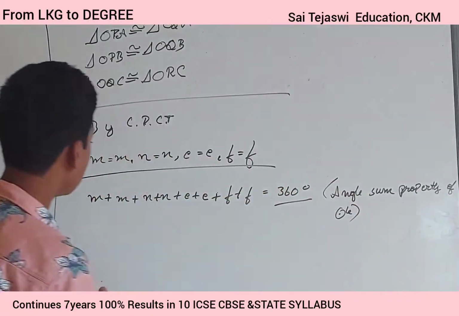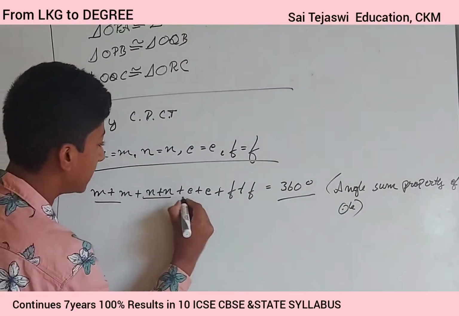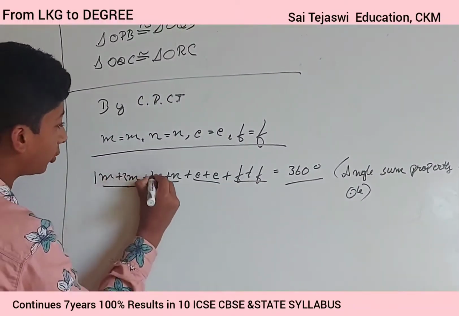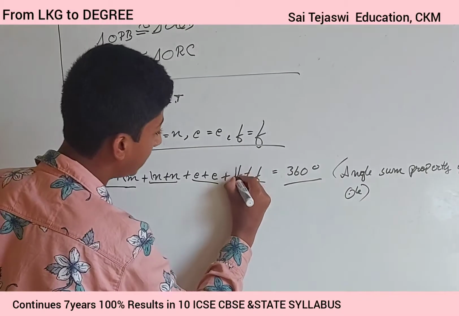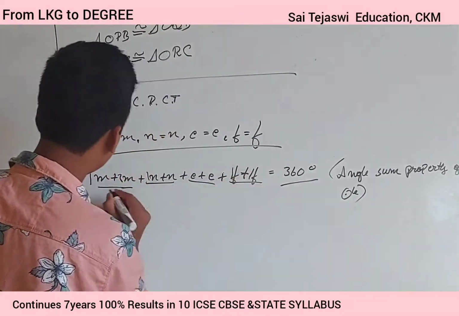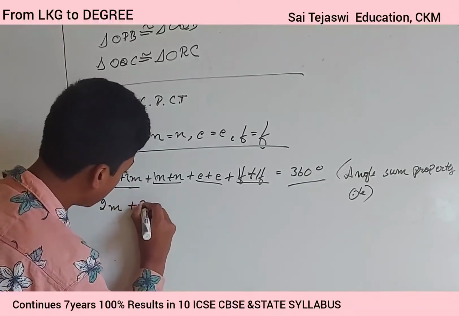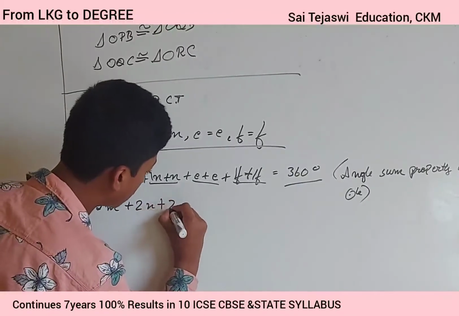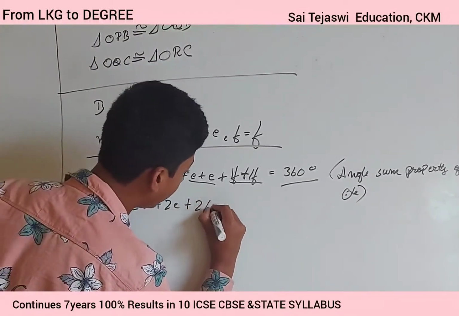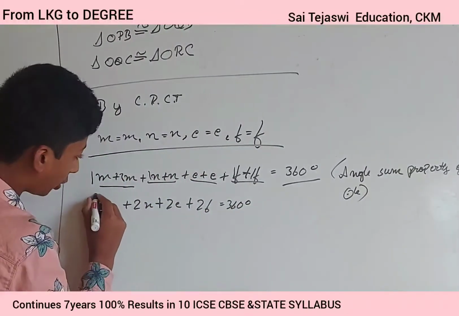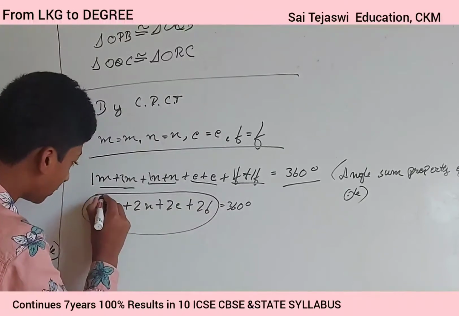So we take m plus m, which is 2m, plus 2n plus 2e plus 2f equals 360 degrees.